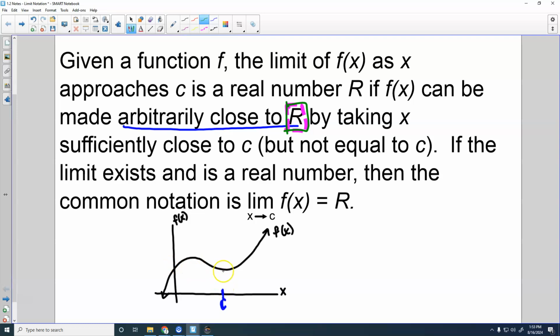So if when you do this, that your y values get arbitrarily close to r, so r right here would be the value on your y-axis. So like if we're looking at this point right here, it might be an open circle, it might be a hole, it might be a closed circle, it might just be a continuous graph. But the coordinates of that point would be c and r right there.